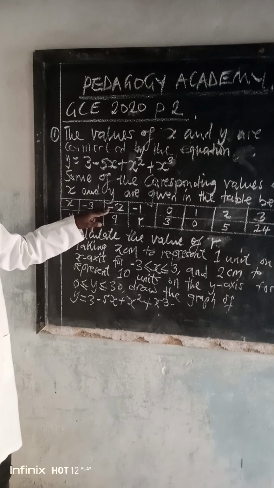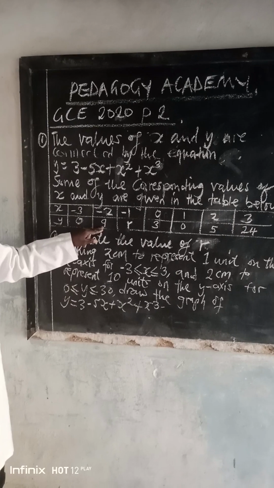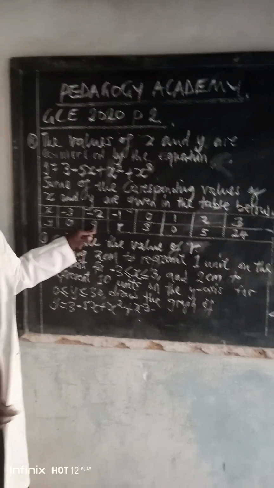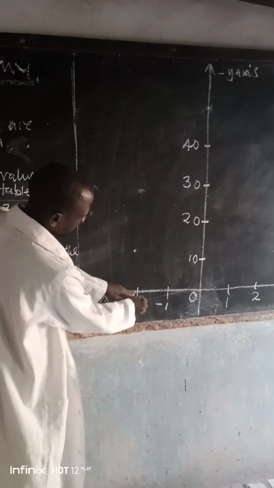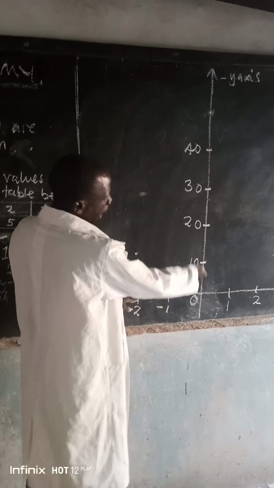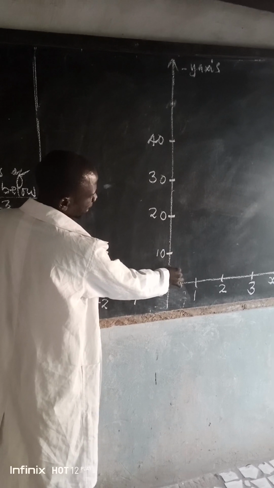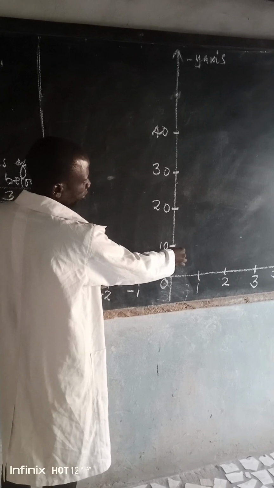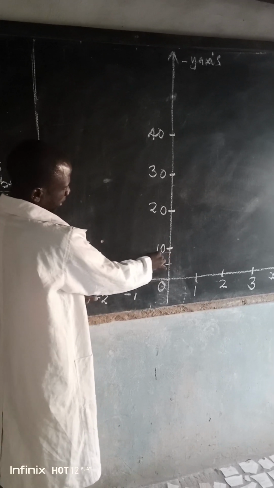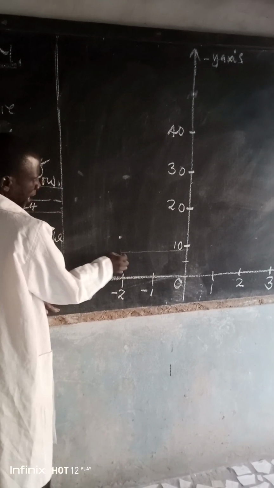And then from there we have -2 on the x-axis, and on the y-axis, 9. So -2 is here, and then 9 where? You go up there. Since you know that 5 is somewhere there, the half of 10, you go up and find 9 just below there.